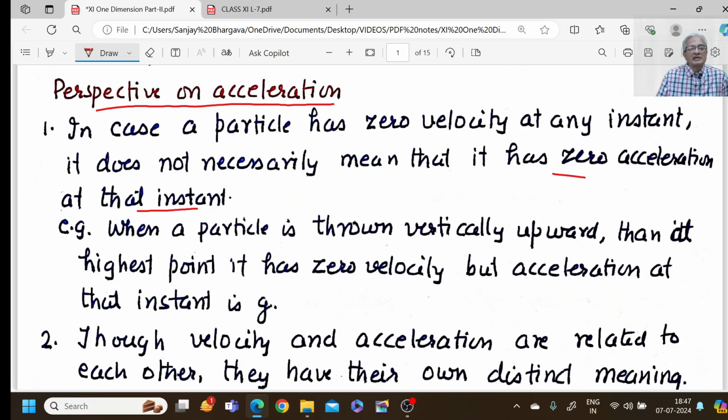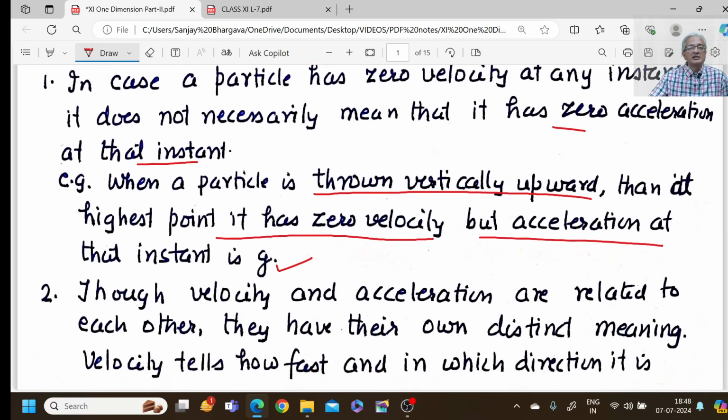Let us pick up an example. When a particle is thrown vertically upward, then at the highest point it has zero velocity, but acceleration at that instant is equal to the acceleration due to gravity g. So zero velocity is not a guarantee of zero acceleration.